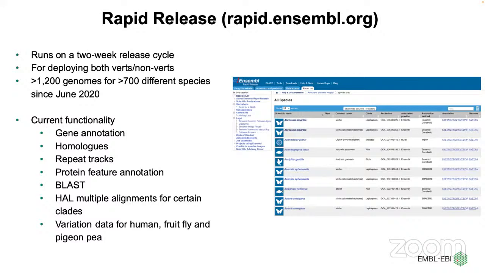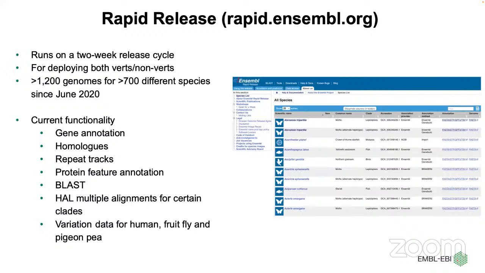The current functionality of the rapid release includes gene annotation. You can have homologs from the website. There are repeat tracks which are provided, which can be viewed on the genome browser. Protein feature annotation. There is a utility to use BLAST on the server. We also provide HAL multiple alignments for certain clades.